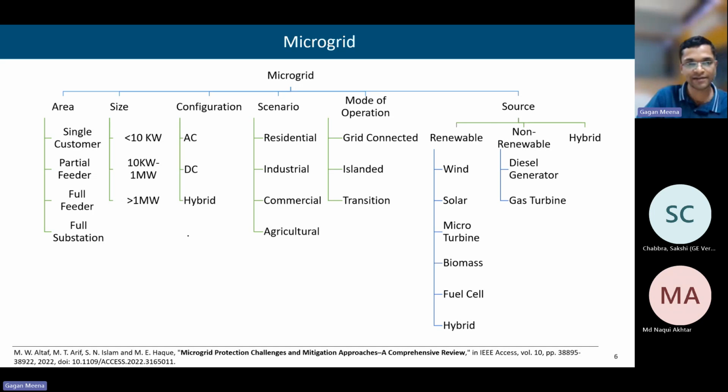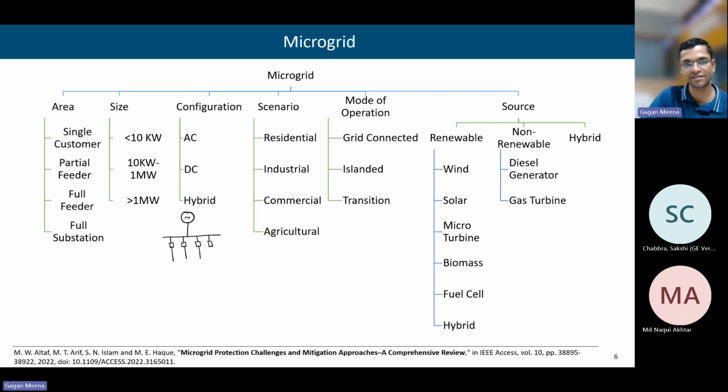Then there can be another type of classification based upon the area covered. It is also size, but it is based upon the geographical area covered by the microgrid. Let's say this is the substation from where the main grid is connected, and then there are different feeders.